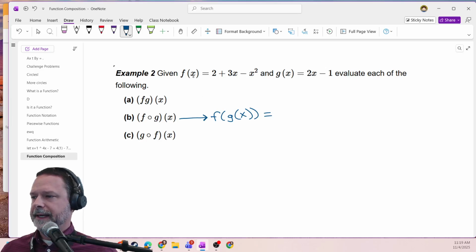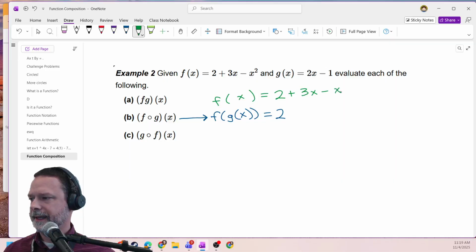So what does that mean? Well, f of x, if I wrote f of x, what is it? That's f, because f is my function outside. So I really have f of g of x instead of f of x. f of x, let's write that above it, is 2 plus 3x minus x squared, okay?